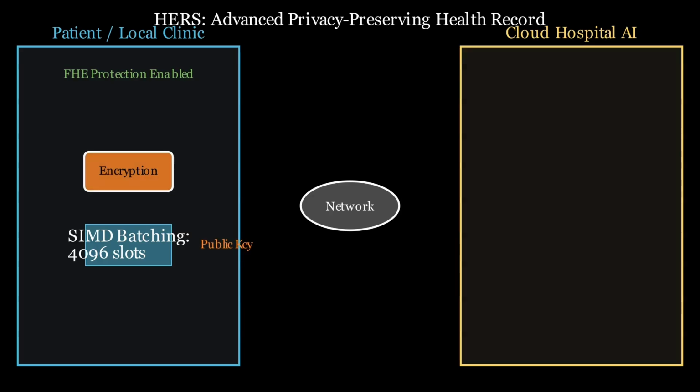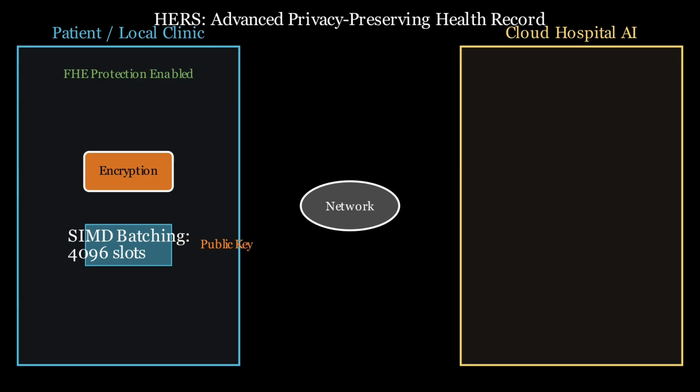With our medical data efficiently packed into a single plaintext polynomial, the HERS pipeline advances to the critical cryptographic phase, fully homomorphic encryption. Notice the introduction of the patient's public key. In traditional systems, we might use standard RSA or elliptic curve cryptography.